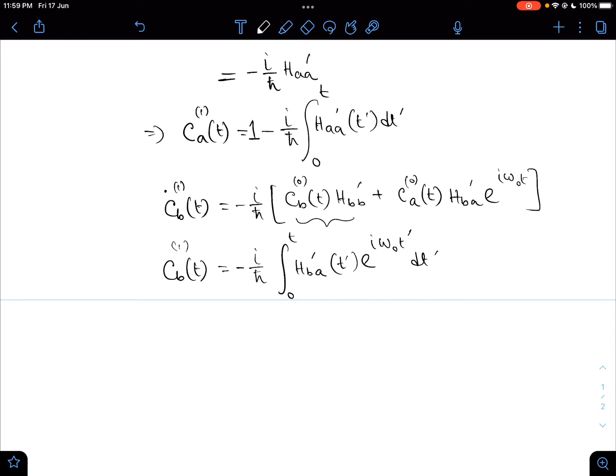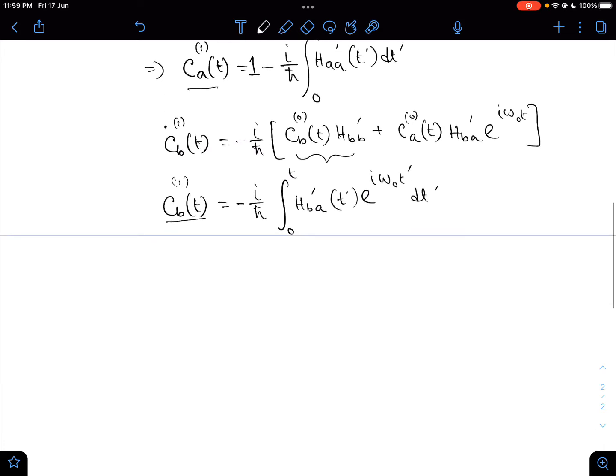So this is our coefficient in first order at any later time. We now have to verify that the sum of the squares of these two terms will be 1. So let us proceed; for that we have to calculate c_A(t).